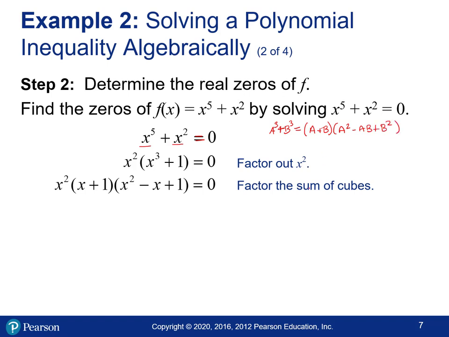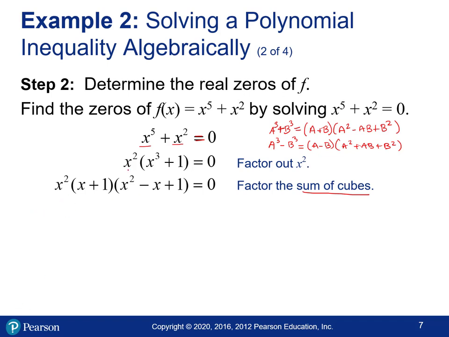That is the sum of cubes factoring. There's a very similar formula, and I might as well show you right now, since we're talking about it, called the difference of cubes formula. It's almost identical, but your signs do change. It's a minus b here, and then a squared plus ab, and then plus b squared. So you might want to add those to your notes, just so you have those handy for factoring when it comes up in the future.